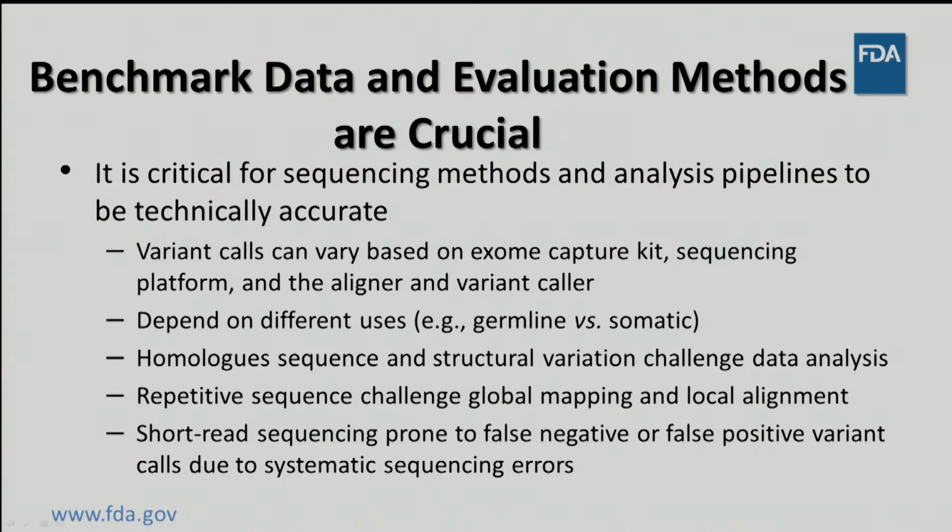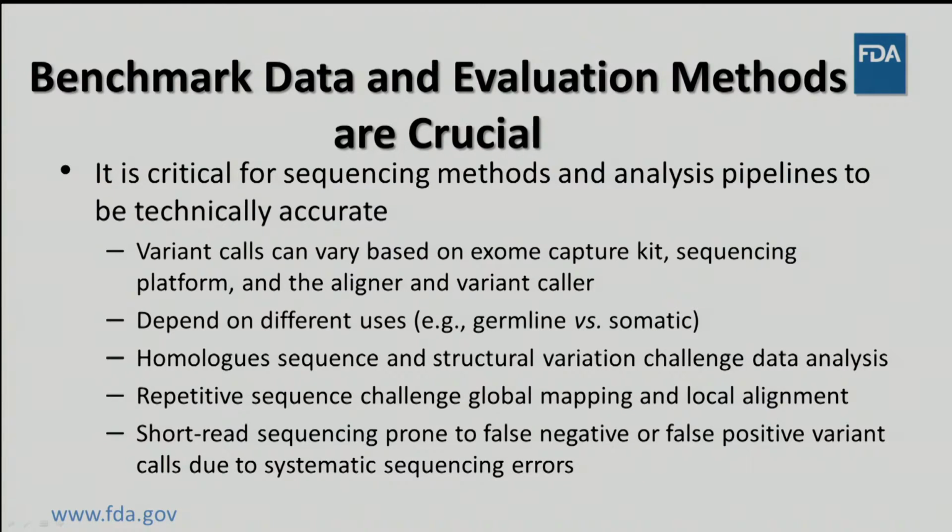The performance of the test may depend on different uses, such as germline mutation and somatic mutation detection. Specific to the data analysis part of the NGS tests, homologous sequences and structural variations challenge data analysis, and repetitive sequences challenge global mapping and local alignment.